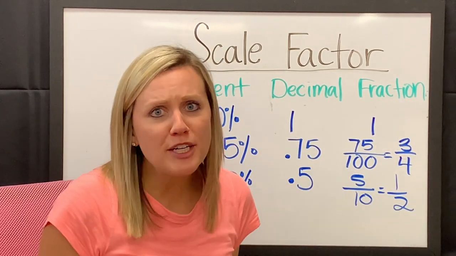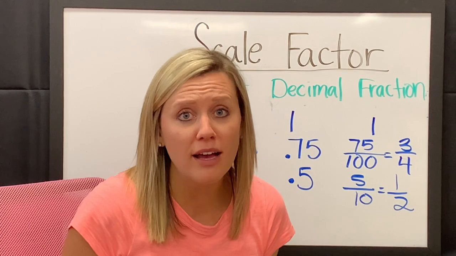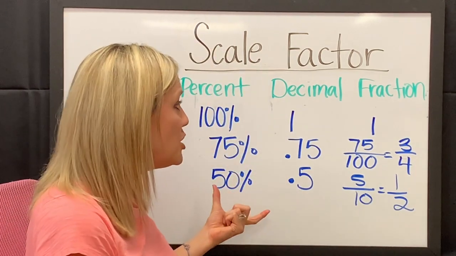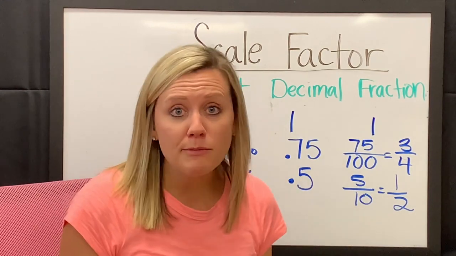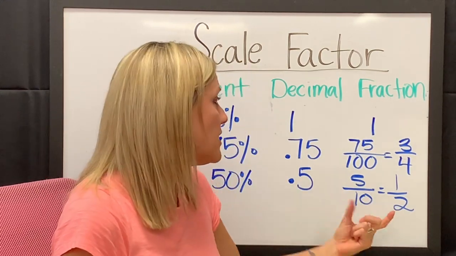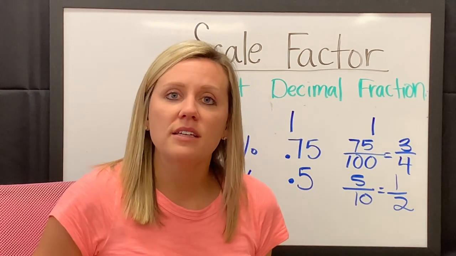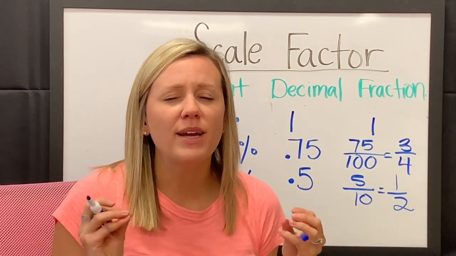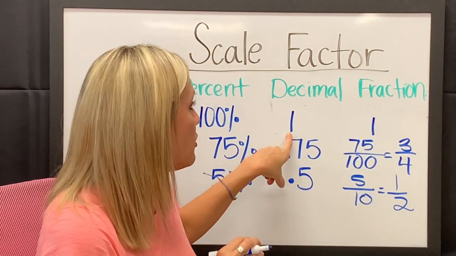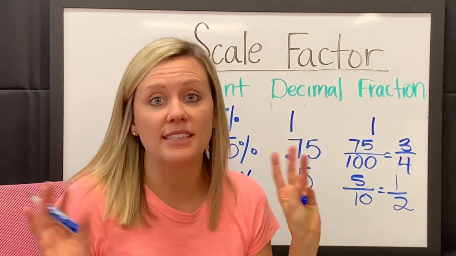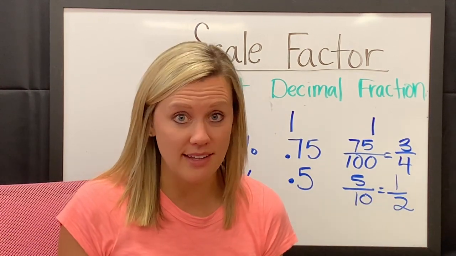Now, I just wanted to show you all 3 examples because sometimes we talk about scale factors as a percentage, sometimes as a decimal, and sometimes as a fraction. But regardless, they all mean the same thing. If we have a scale factor of 100% or of the number 1, as a fraction or a decimal, that is going to keep your shape the exact same size.